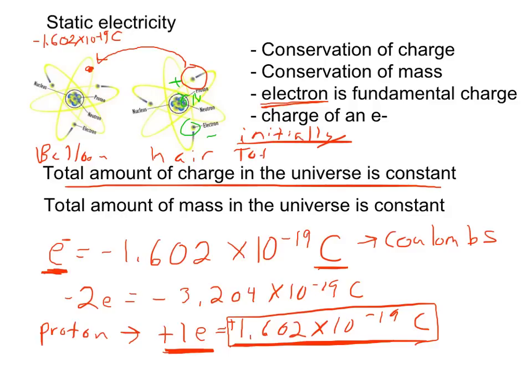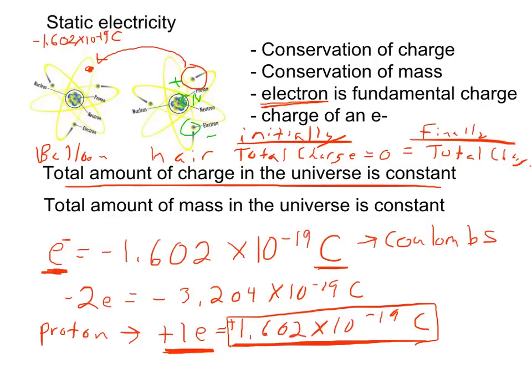So total charge was 0. Well, if the amount of charge I have can't change, that means their final total charge also must be 0. Total charge in a system, and in fact in the universe, cannot change.